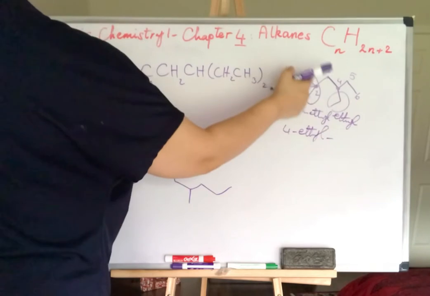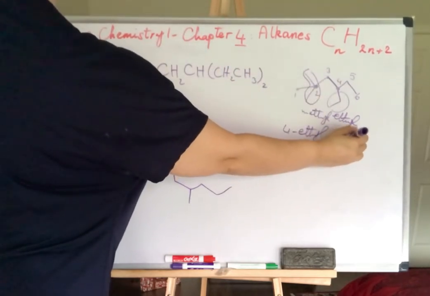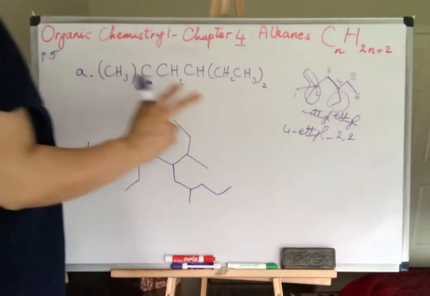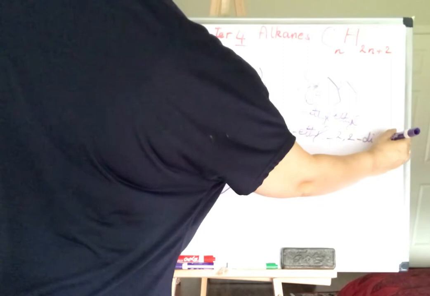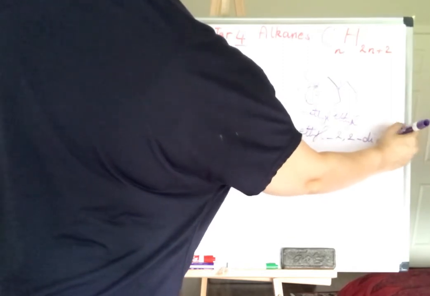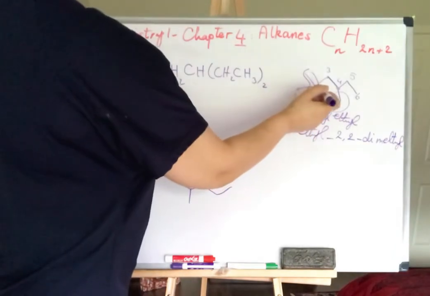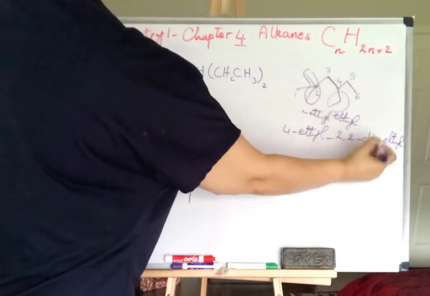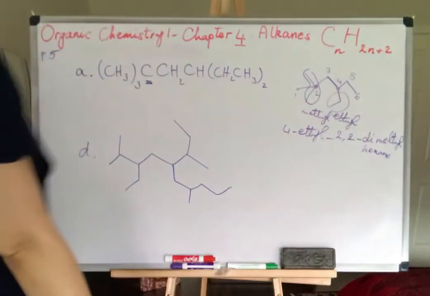The methyl groups, how many do we have? 2, and both of them are on the second carbon, so 2 and 2. When you have 2, what would be the prefix? Dimethyl, and don't forget I have put a dash between every letter and number. And 6 carbon is hexane.